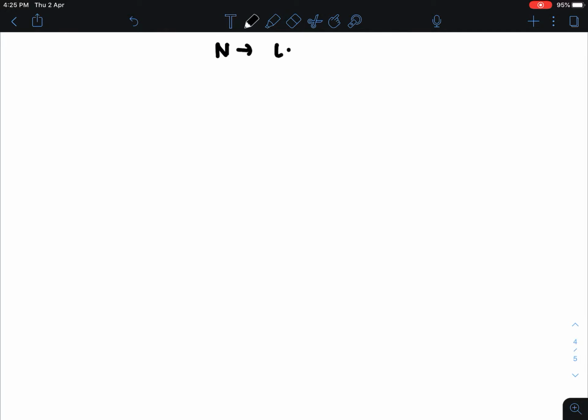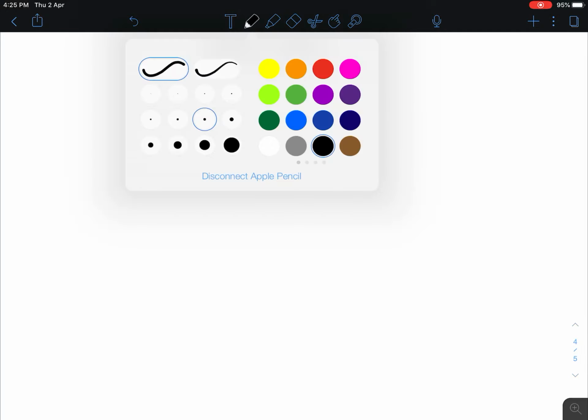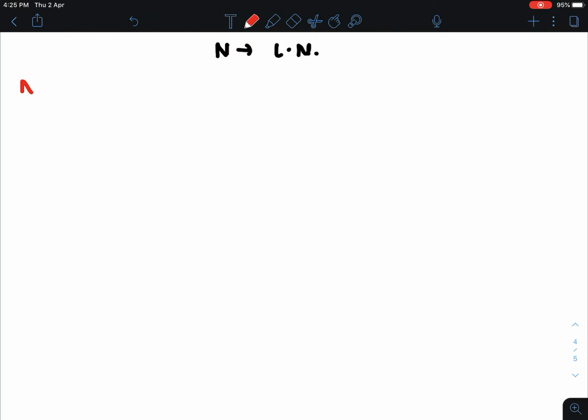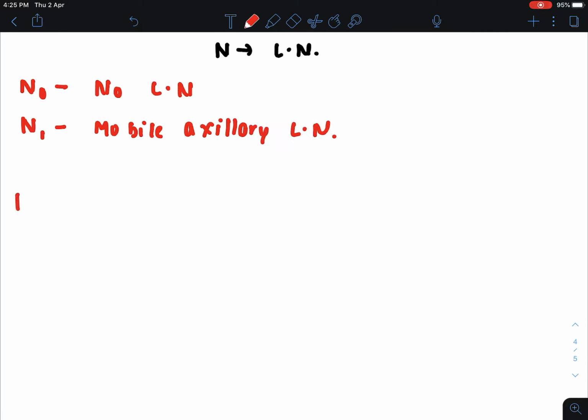N represents the lymph node involvement. When it is written as N0, it means there is no lymph node involvement. N1 represents mobile axillary lymph node. N2 is further divided into N2A and N2B.